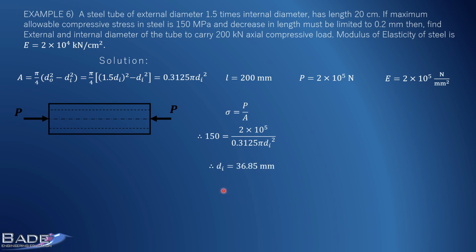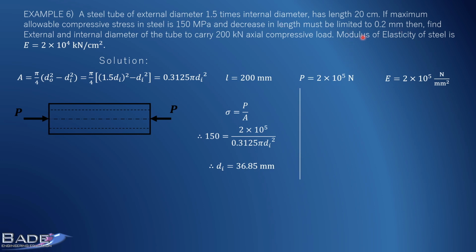And we found out the answer. So all of you immediately do the calculations. Calculation practice is very important. Okay, let's proceed. This is internal diameter. So when you know internal diameter, you can find external diameter also. Because external diameter is 1.5 times internal diameter.